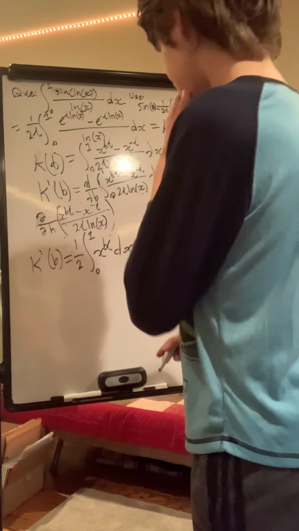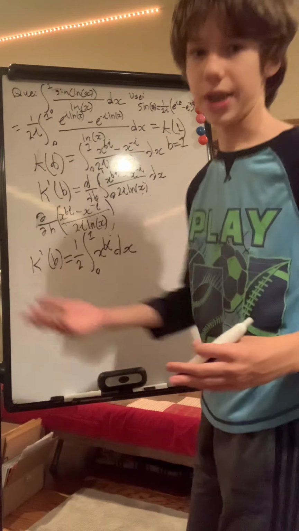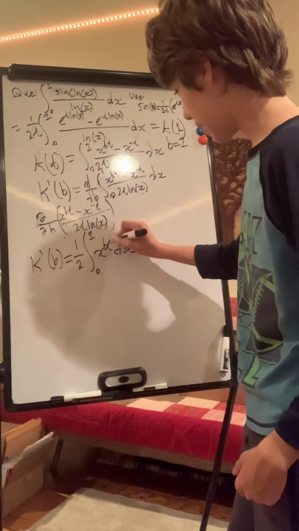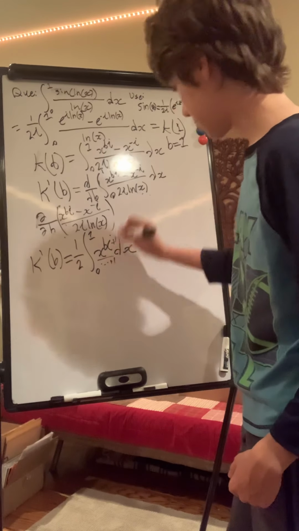So working out this integral isn't that hard. We're doing this in the x world, so we treat this as a constant. We just use the power rule, we add 1 and divide by this stuff plus 1.